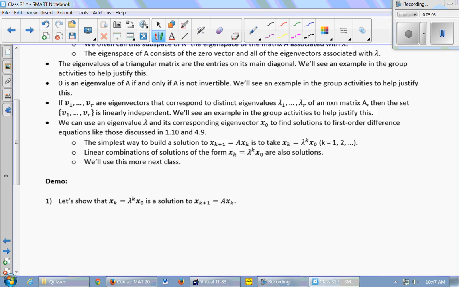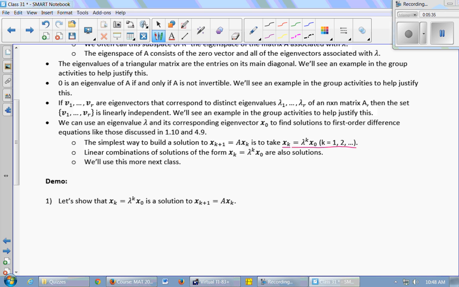And then you can just take k to be any value. So if I wanted to know the solution after 10 years, for that Democrat, Republican, Libertarian problem you did last class, instead of solving for the steady state, which is what happens way in the future, and instead of doing the iteration 10 times, you could just use this and plug in k equals 10, right?